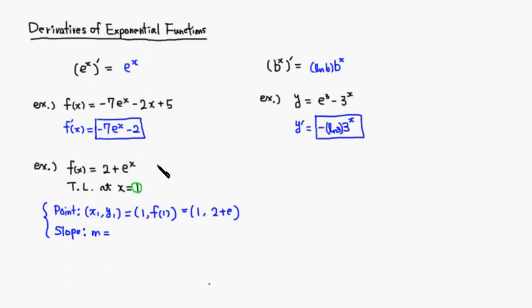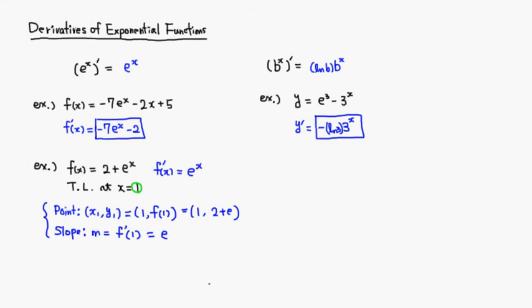So f prime of x is equal to, the derivative of 2 is 0, since 2 is a constant, and the derivative of e to the x is itself, so e to the x. We can find the slope of the tangent line by evaluating the derivative at x equals 1. That's going to be e to the first power, so that's e.